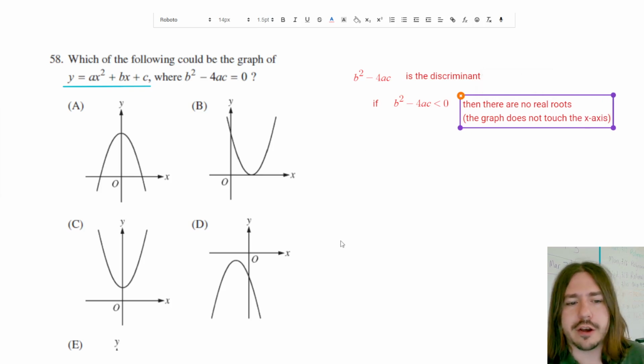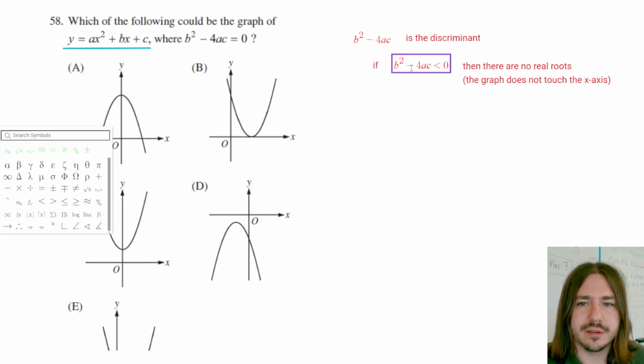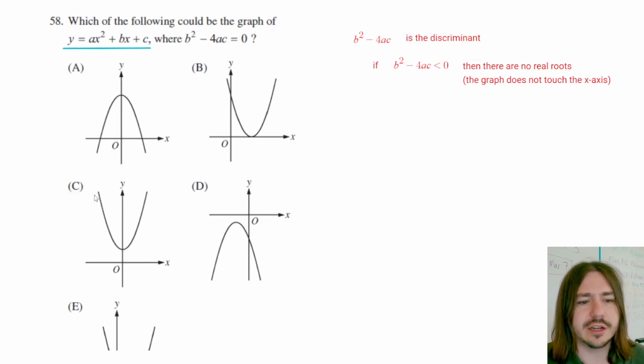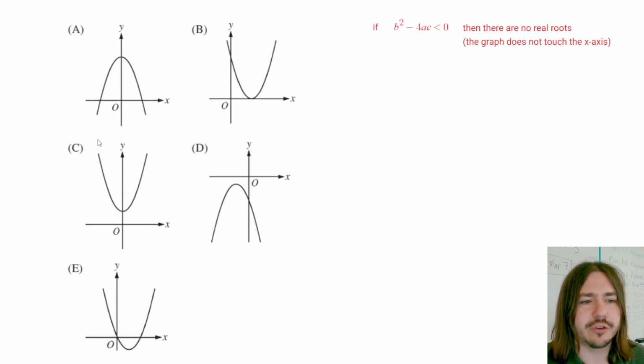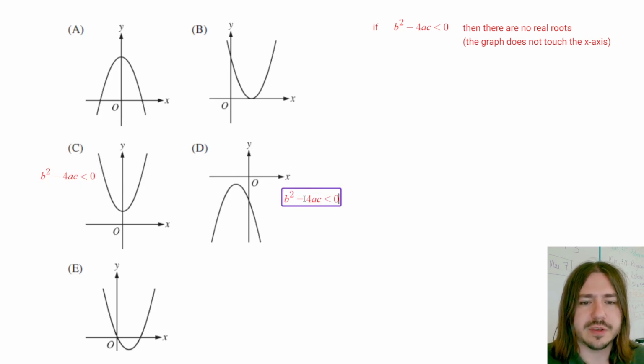So if we're looking at our answer choices, choice C, notice how that parabola does not touch the x-axis. So we can say for choice C, b squared minus 4ac has got to be negative. Okay? So it's not going to be choice C. We can also see something similar going on with choice D. In this case, b squared minus 4ac is also negative.